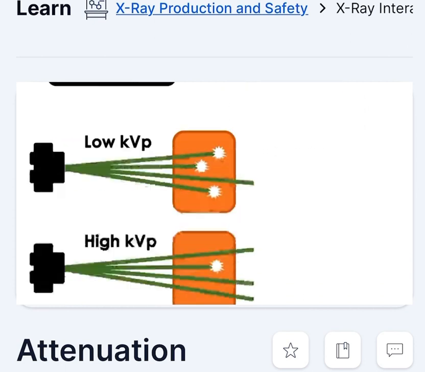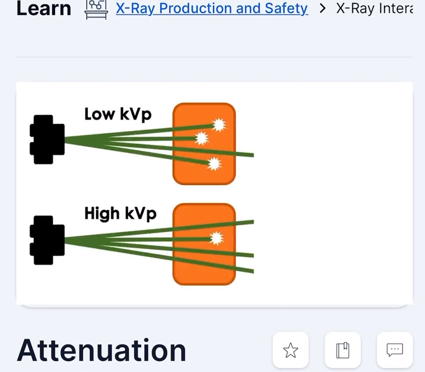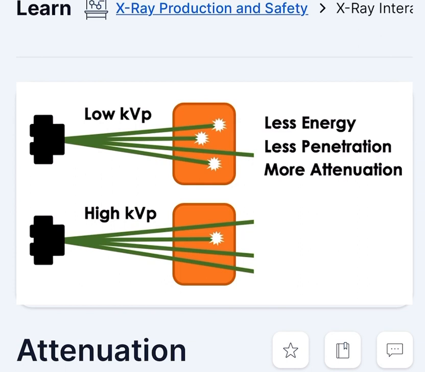The last variable affecting the amount of X-ray attenuation taking place is the energy of the X-ray beam. In this example, a low kVp X-ray beam results in less energy in the photons. Less energy results in less penetration. The photons don't have enough punch to make it all the way through the material. And if there's less penetration, that means we have more attenuation.